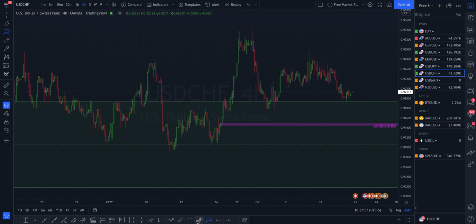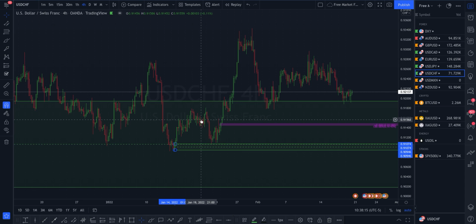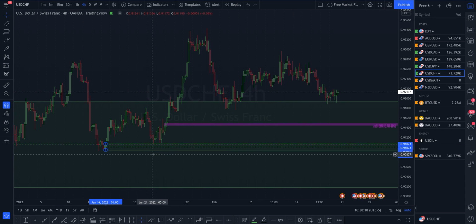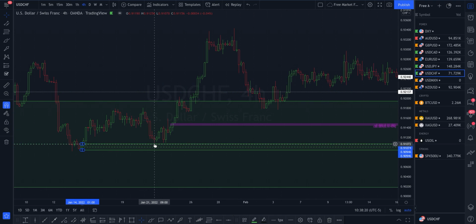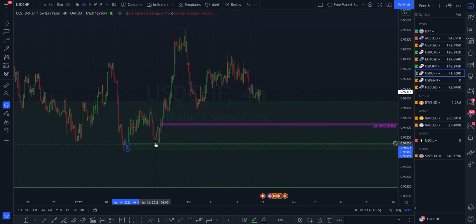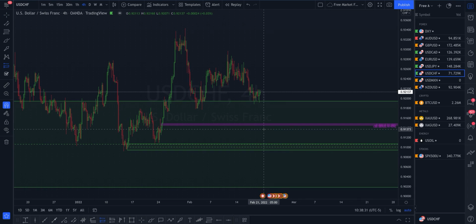That has not been mitigated, and it's sitting on the 50%. So because this has not been mitigated, guys, and is sitting on the 50% of our institutional demand zone, we're going to look for longs in this area.